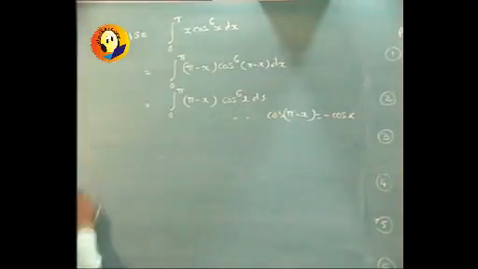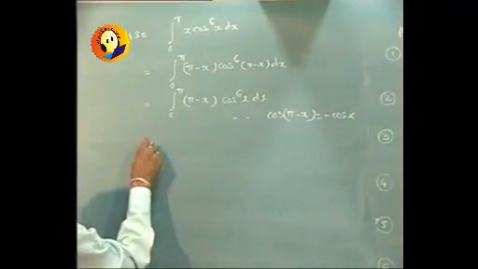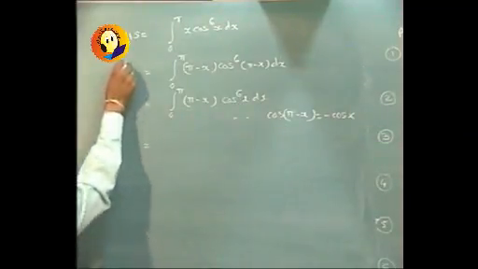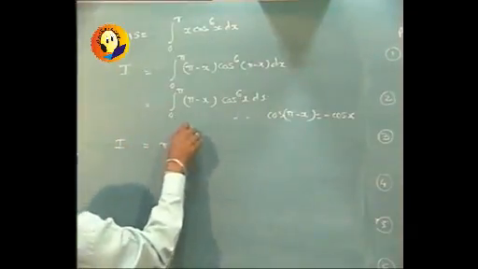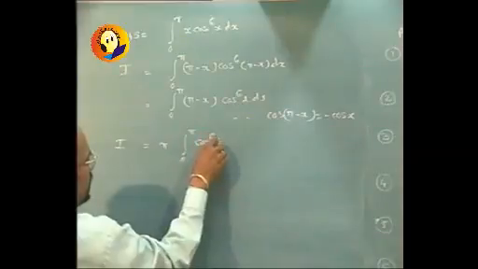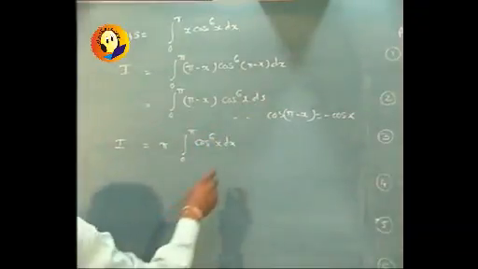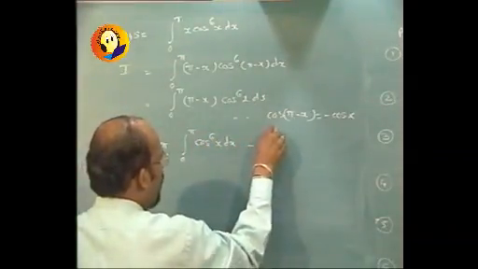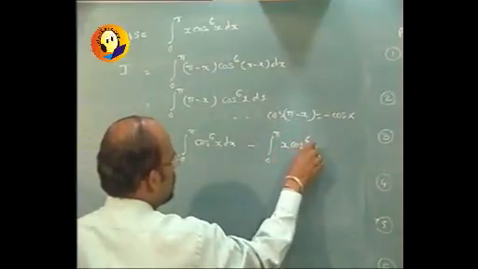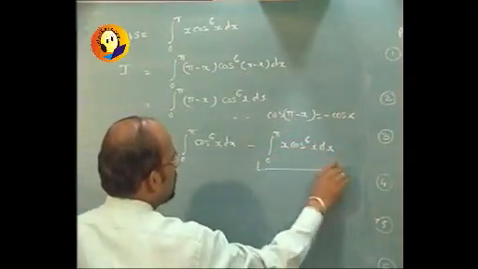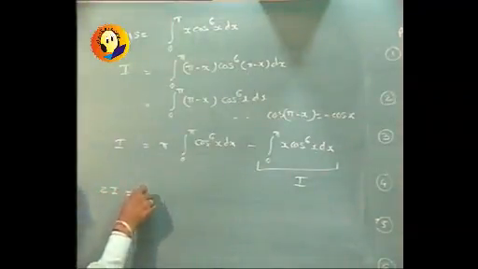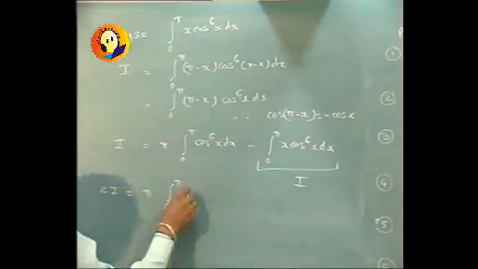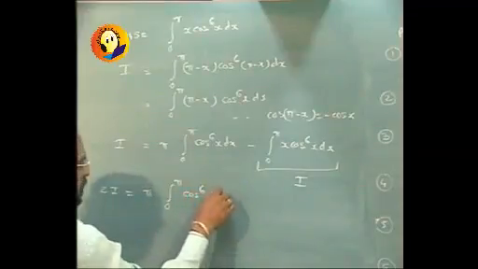And so we will again use the same result, and before that we will split the integral, because left hand side is I. So it will be I is equal to pi integral 0 to pi cos raised to 6x dx minus integral 0 to pi x cos raised to 6x dx, which is as good as I. So we can take it on one side, it will be 2I equal to pi integral 0 to pi cos raised to 6x dx.